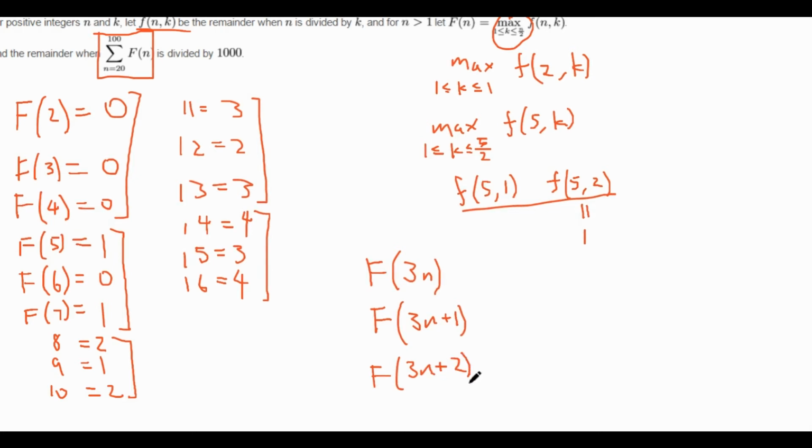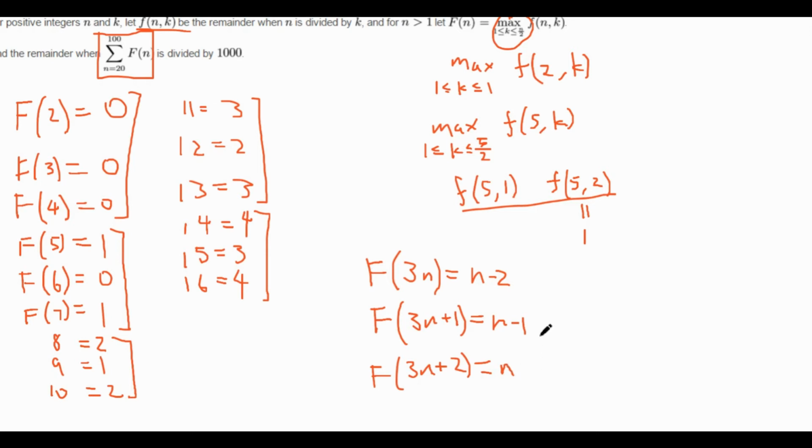These cover all possible natural numbers because they represent the 3 different residues modulo 3, which are 0, 1, and 2. So our pattern tells us that F(3n) is equal to n minus 2, F(3n+1) is equal to n minus 1, and F(3n+2) is equal to n.